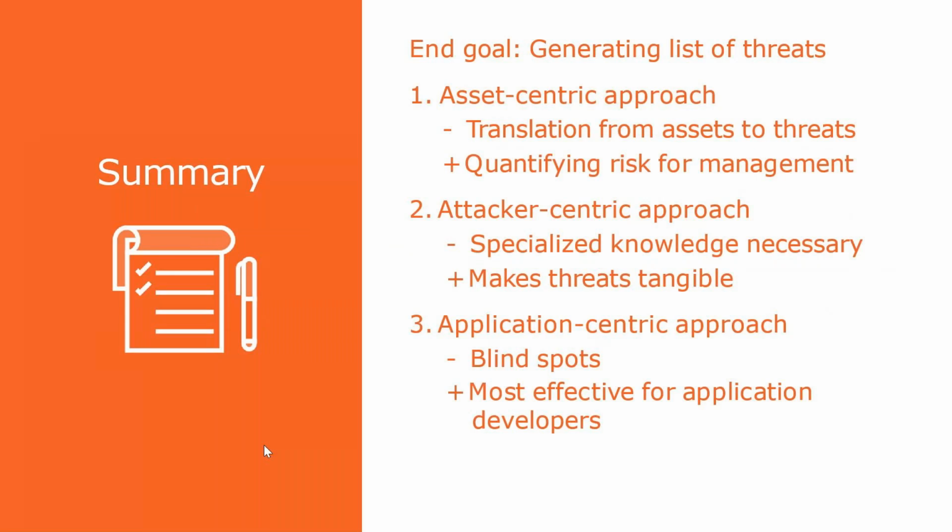You can decide based on the end goal. Generating a list of threats: asset centric approach. Translating from asset to threat and quantifying risk for management: attacker centric approach, where specialized knowledge is necessary, which is a negative, but it makes threats tangible, which is a positive. Application centric approach has blind spots, and the positive is that it is most effective for application developers.